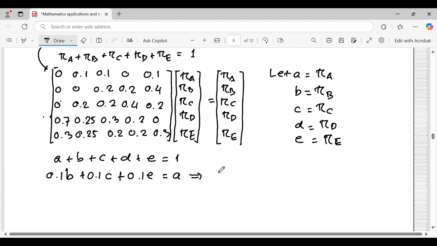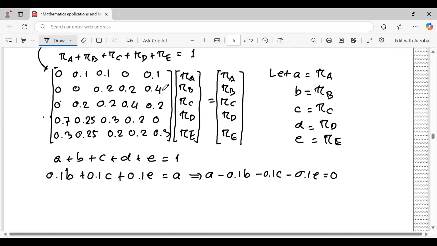We can simplify: a minus 0.1b minus 0.1c minus 0.1e equals 0.